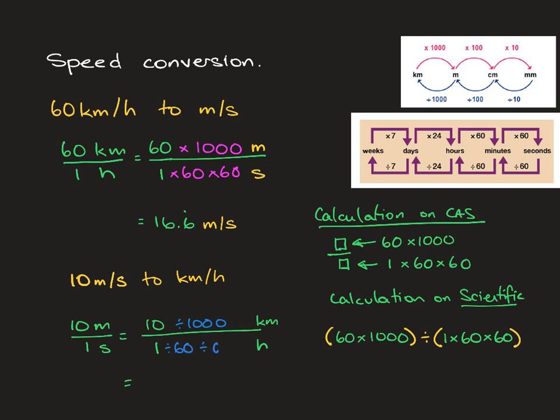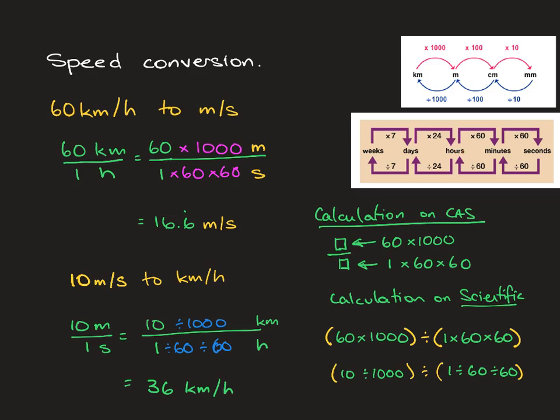And we'll do that very carefully on our calculator, either using the fraction button if we're using a CAS calculator, or making sure that we're putting our brackets in for our scientific calculator. So it would look like this with the brackets, and when you do your calculation, you get 36 kilometres per hour. So that's using the distance conversion and your time conversion.